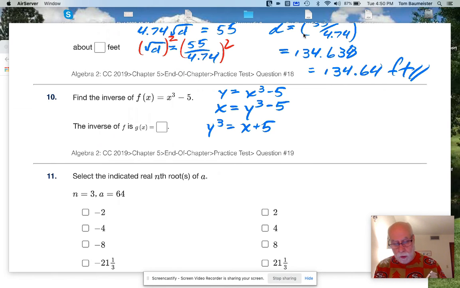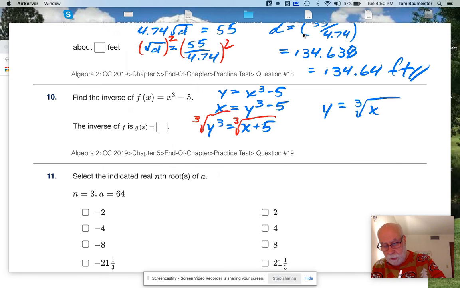Now again, how do you get rid of a cube? Well, you cube root both sides. All right. So if we do that, then we'll get y is equal to the cube root of x plus 5.